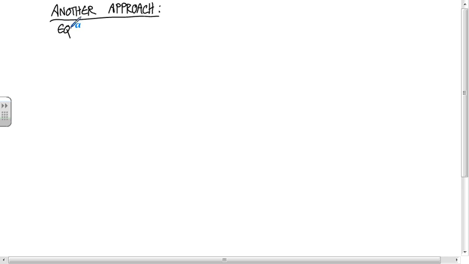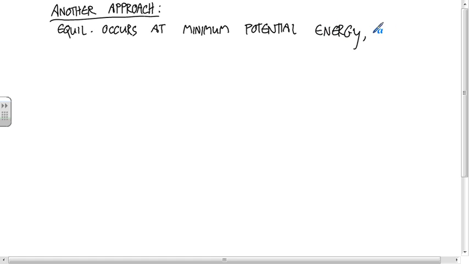Equilibrium occurs at the minimum potential energy, where potential energy is equal to the strain energy. It's 3 terms.